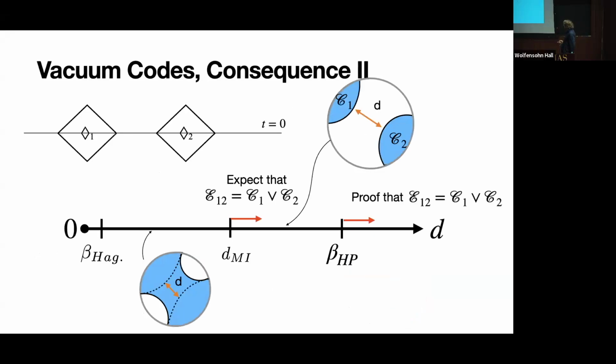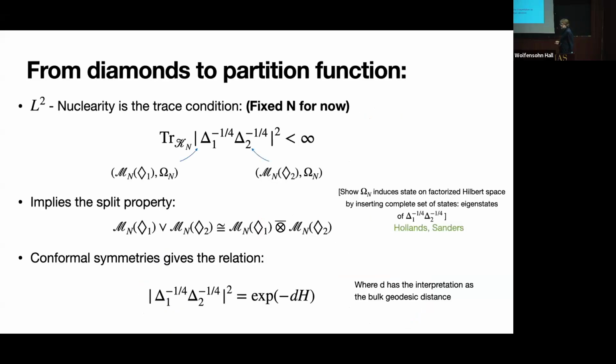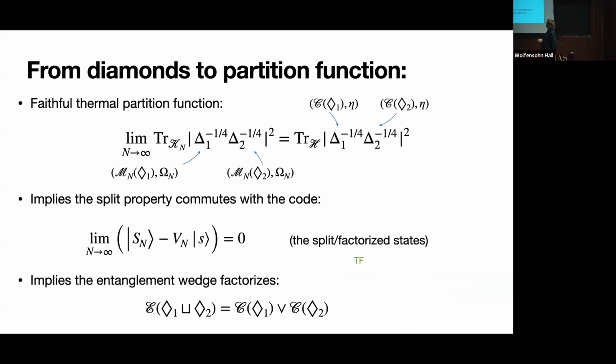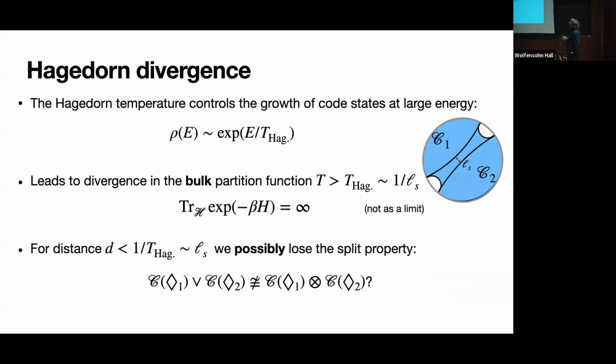However, there is another point below which the bulk partition function may just not be defined. And that's related to Hagedorn divergences. So in particular, if I actually had a string theory in the bulk, the density of states grows exponentially. And so that means if you try to compute this partition function above some temperature, which is this Hagedorn temperature, the answer is infinite.